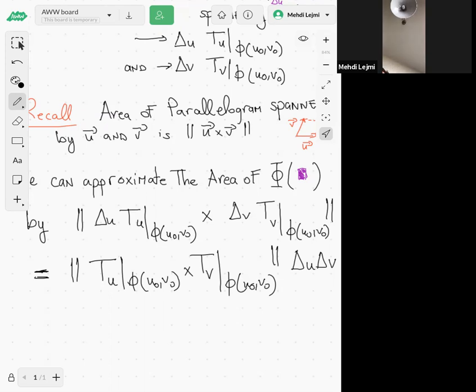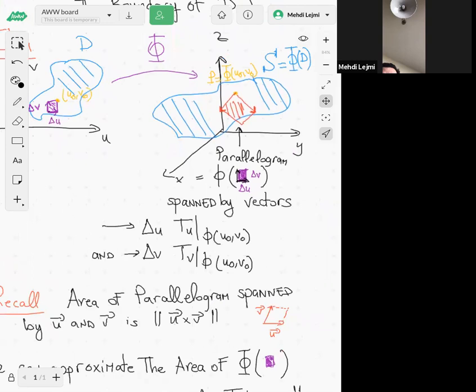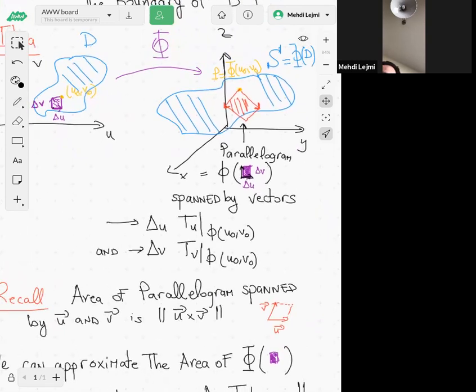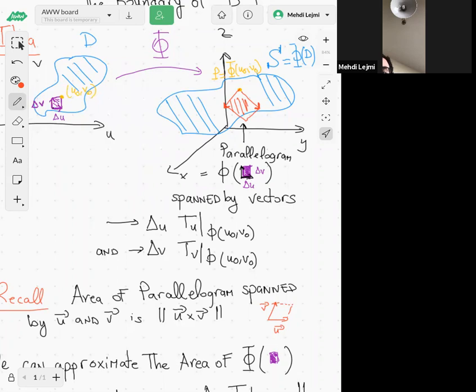Now, as I said, you want to compute the area of the surface S, right? So all you have to do, of course, is to add all these small areas here. That's just the image of the small rectangles by the map phi, right?